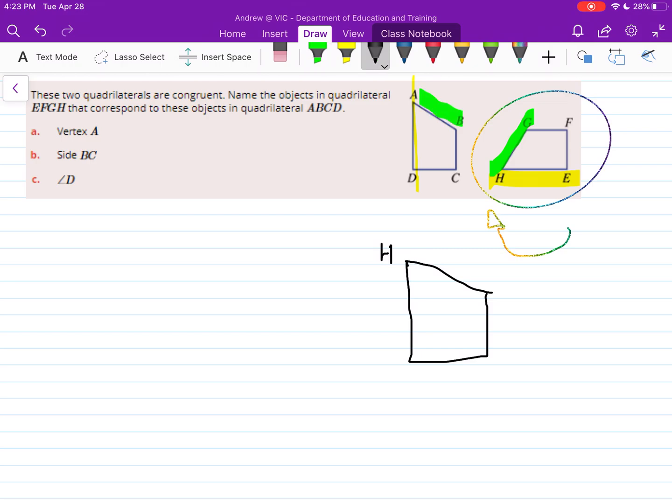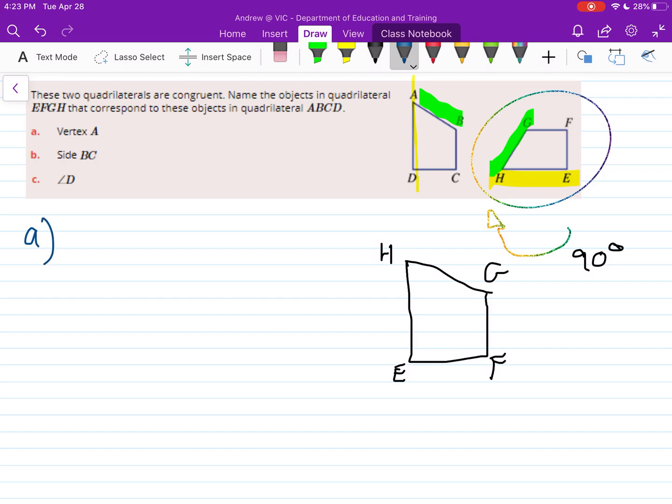It goes H down to G, and then F's under G, and then E's under H. So this is rotated about 90 degrees, and then it's drawn the same way, so now it's a little less confusing on actually doing this question. So we'll get on with the question now.